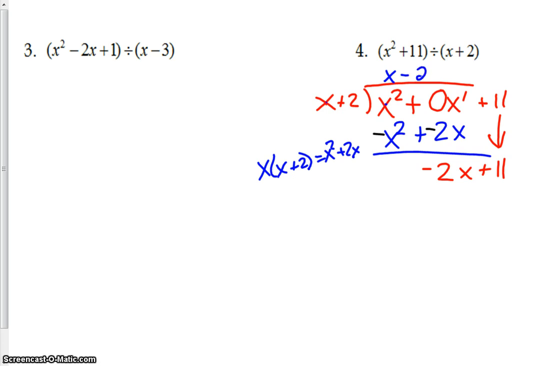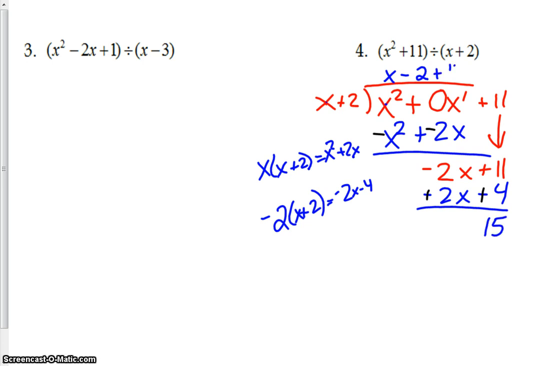And the answer is negative 2. Because negative 2 times x plus 2, that's what I usually do in my head here, is negative 2x minus 4. All right, so negative 2x minus 4. I have to change the opposite sign, so it's going to be plus and plus here. And the answer that I get is 0 here, and it would be 15.